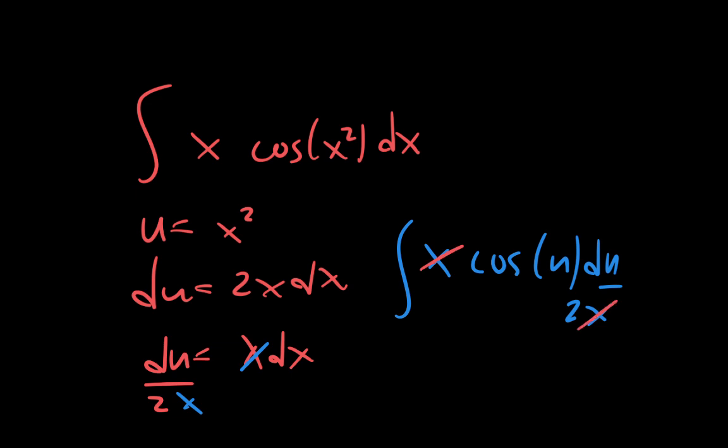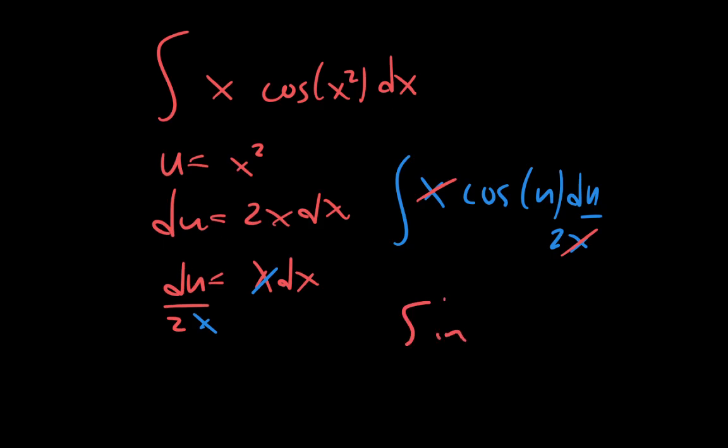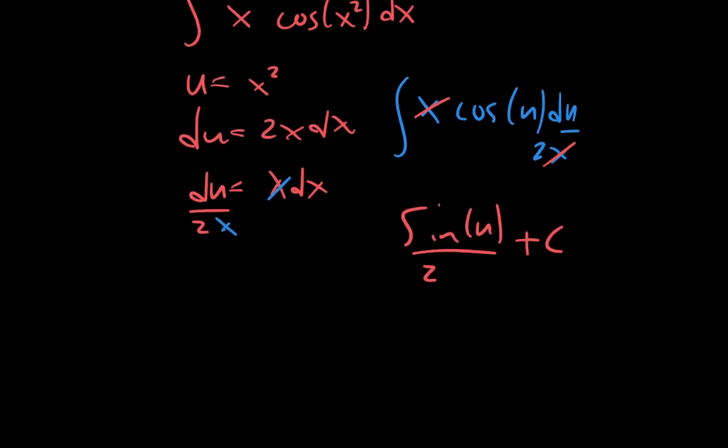And these cancel. And then we just have the sine of u over 2 plus c, or the sine of x squared over 2 plus c.